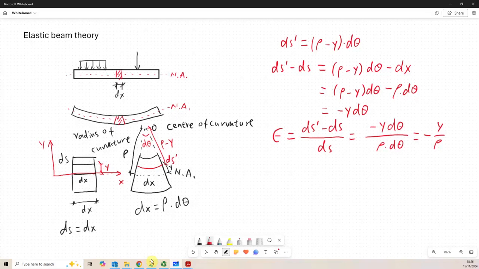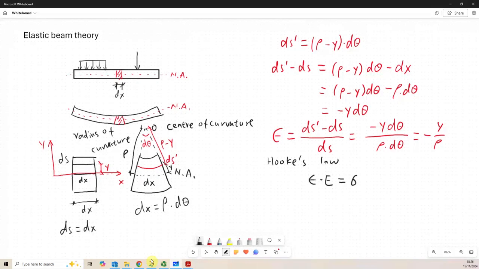Since it's elastic beam theory, Hooke's law can be applied. Hooke's law tells us that the strain epsilon times Young's modulus E is equal to the stress sigma.